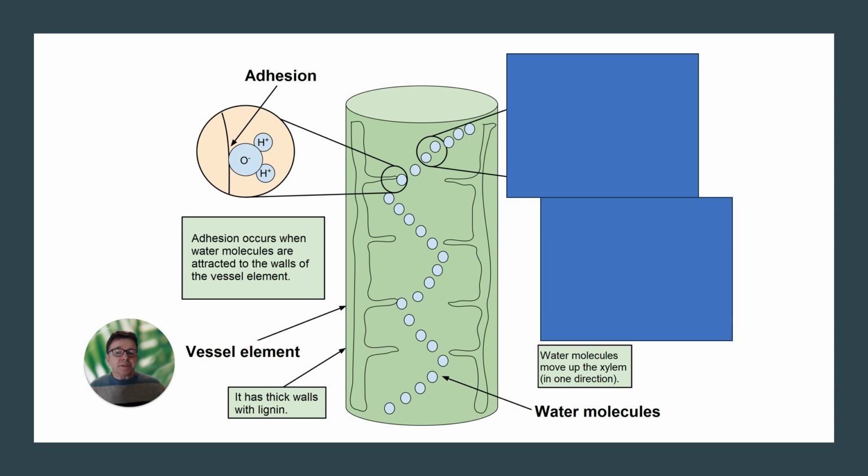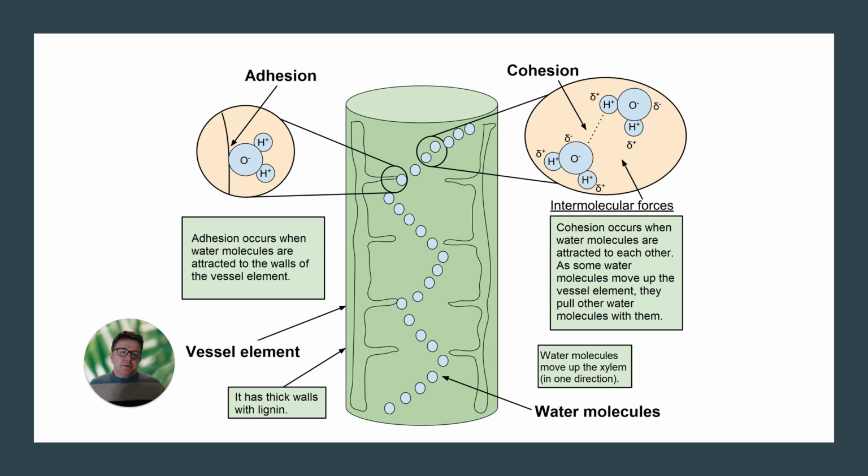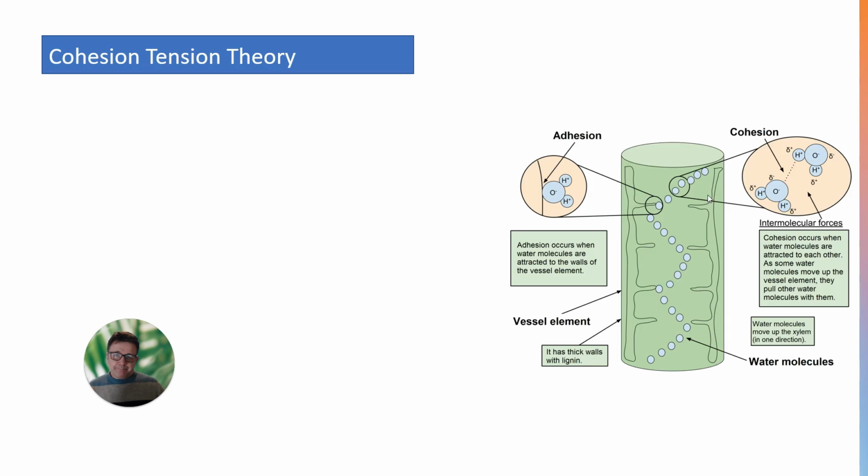Adhesion occurs when water molecules are attracted to the walls of the vessel element. And then you've got cohesion between the water molecules. Cohesion occurs because they're attracted to each other. Some water molecules move up the vessel element and they pull other water molecules with them.